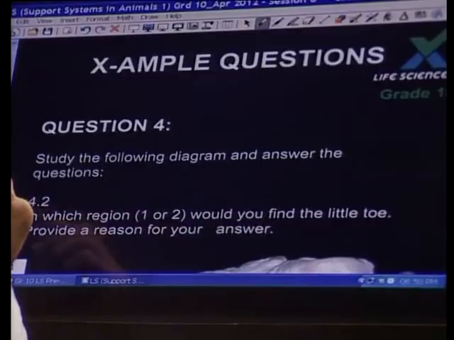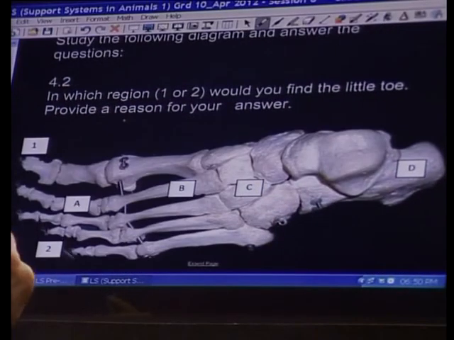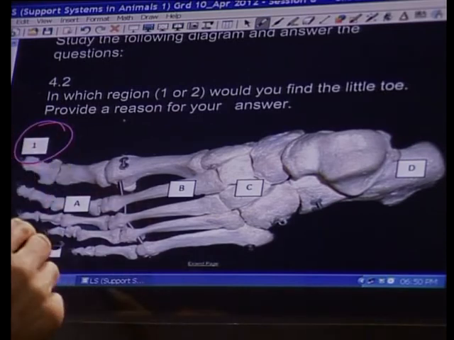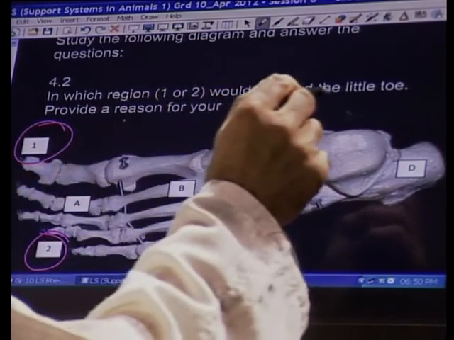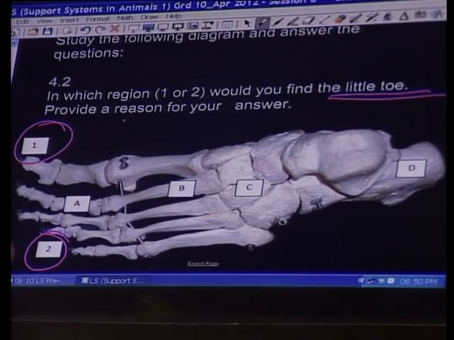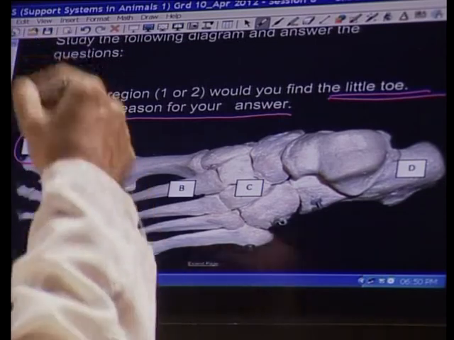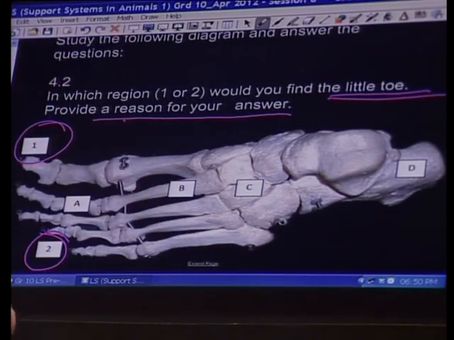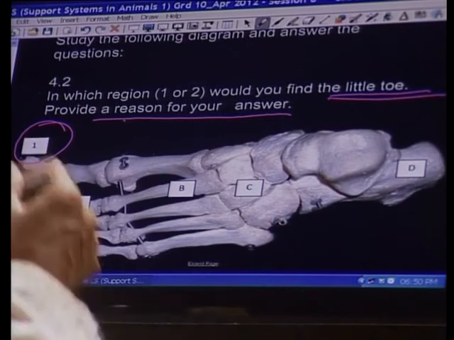So we have labeled these different bones. The next one says, in which region, 1 or 2, would you find the little toe? Provide a reason for your answer. So where are you going to find the little toe? Now you've got to be a little scientific. You need to look at the diagram, and you need to look at the bones.